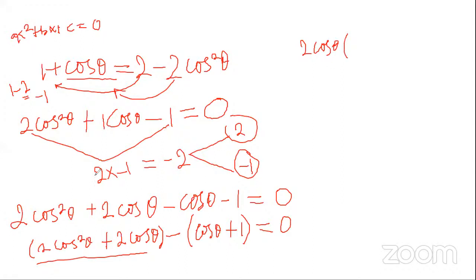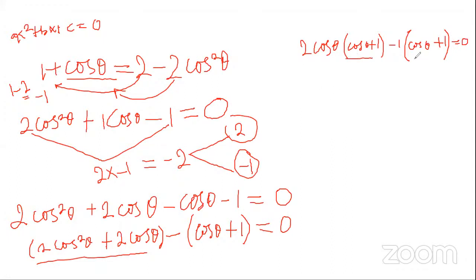Then we shall remain with cos theta plus 1. So the second bracket has already been factorized into cos theta plus 1, and this will be equal to 0.